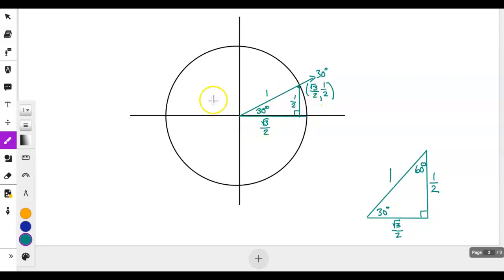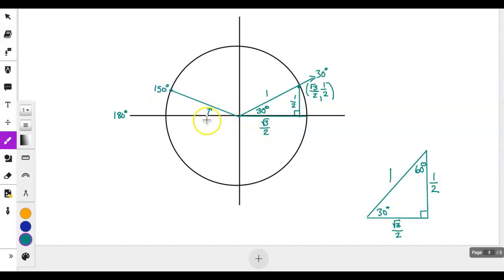Now, if I go over to the second quadrant and I draw an angle that is 30 degrees off of the x-axis, so the x-axis is 180, and if you do 180 minus 30, you get 150 degrees.